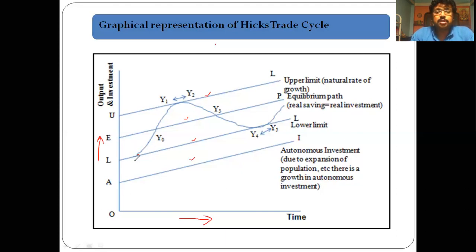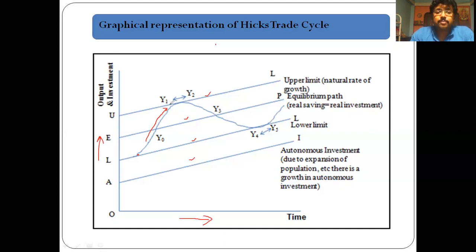That innovation gives a positive shock to the economy, and through the multiplier accelerator interaction model, the income will increase up to point y1, and it is a boom situation. And here the income will touch the UL line, and along this line it moves for a while.